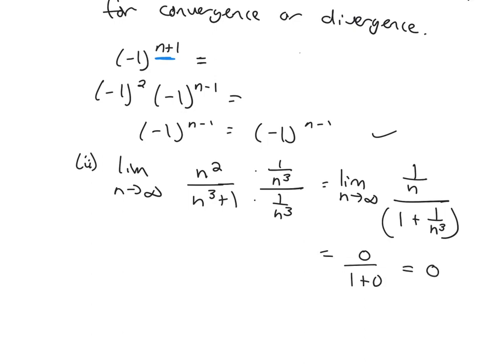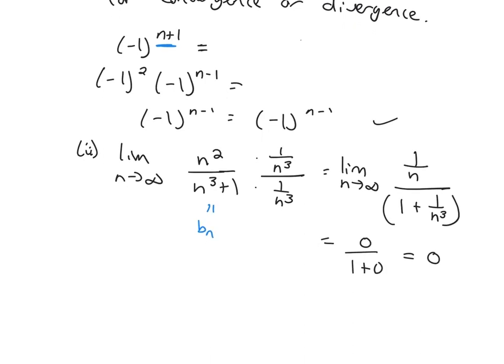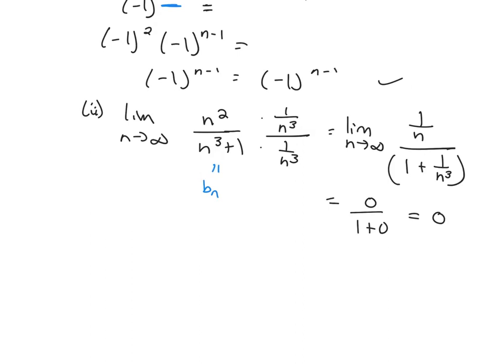So the only other thing that's left is to show that the b sub n's are decreasing, which remember this is my b sub n here. That's statement 1 of the alternating series test. So I need to compare b n plus 1 with b n.